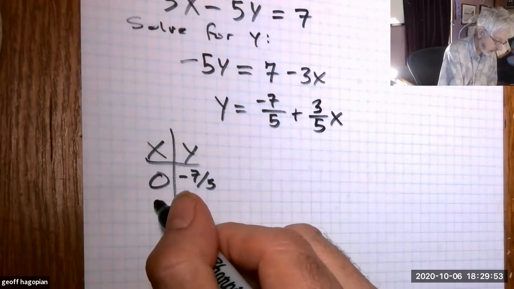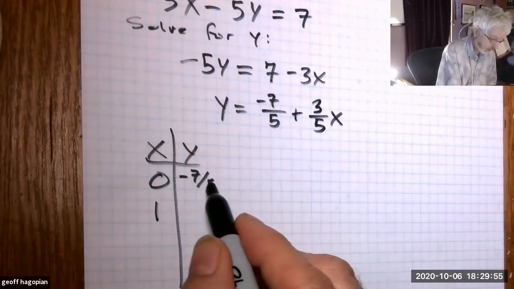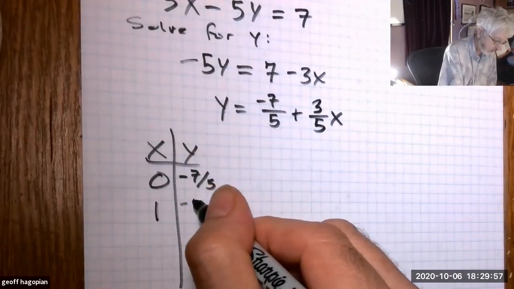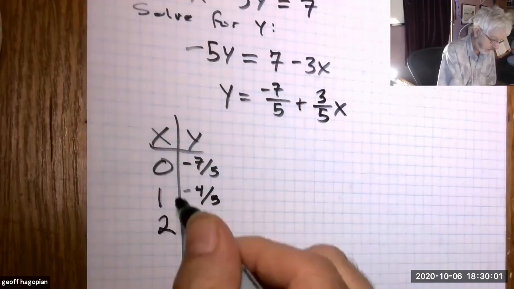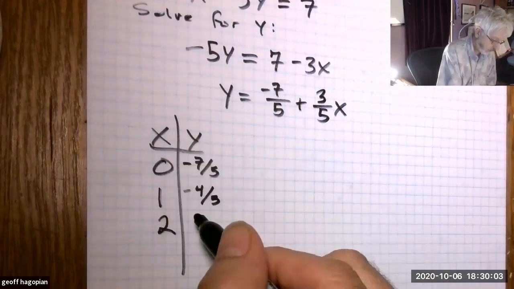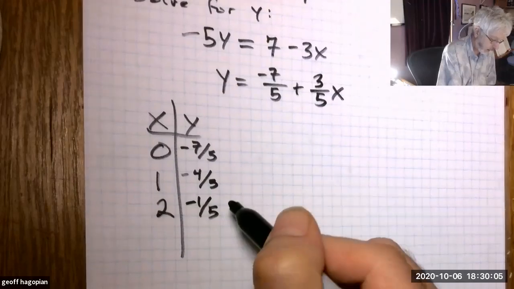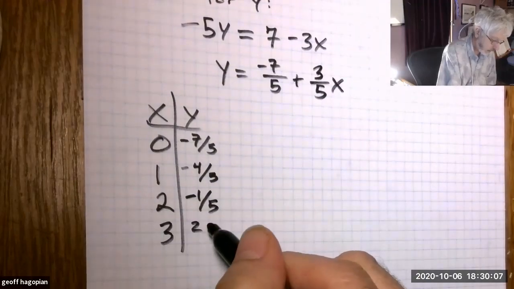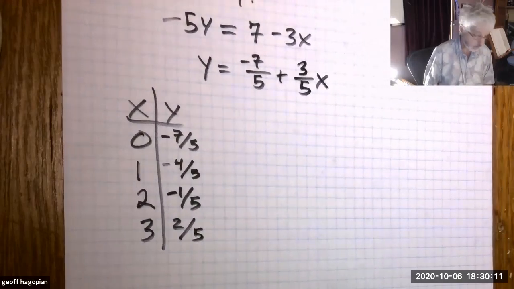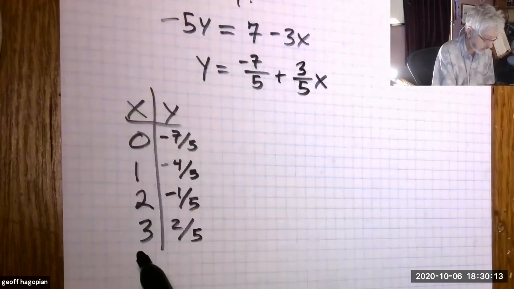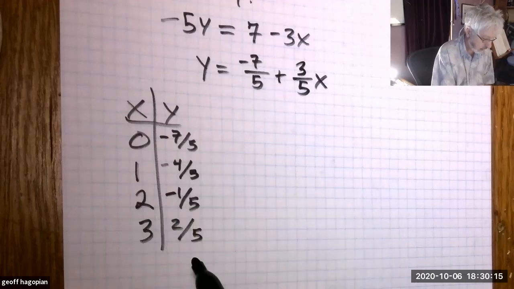So if I increase x by 1, I add 3/5 to this, I'll get negative 4/5, right? And if I keep adding 1 to x, I'm going to keep adding 3/5 to y, right? And get a table of values like that. So steady increments in x produce steady increments in y, and the rate of change in y per change in x is 3/5.